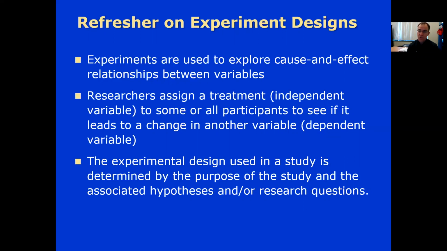So it's important that after you've done your review of literature, you start to come up with a research question or hypothesis. Once you have that good hypothesis of what you think might happen, then you need to design it appropriately to help answer the hypotheses. That's going to be very critical.